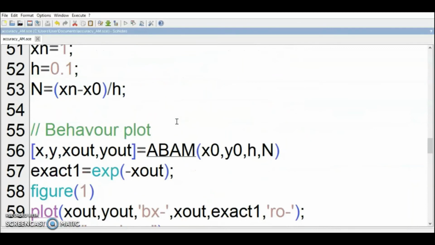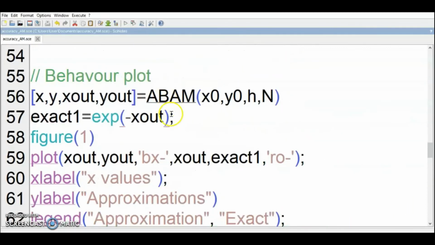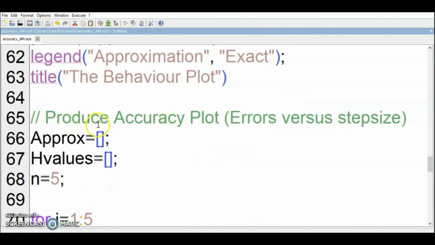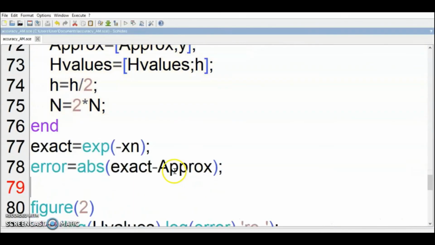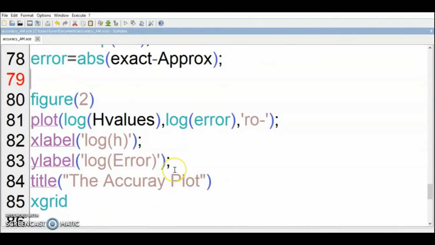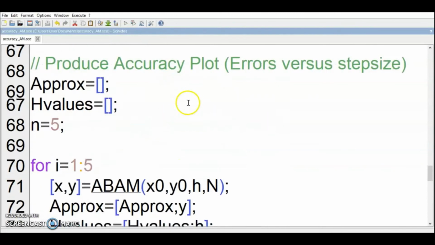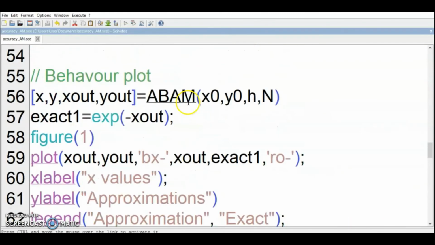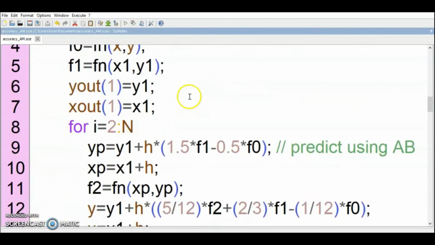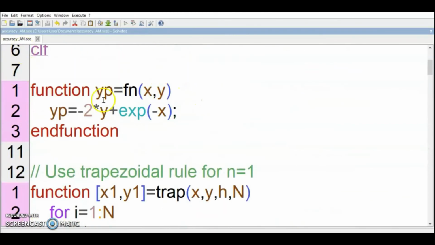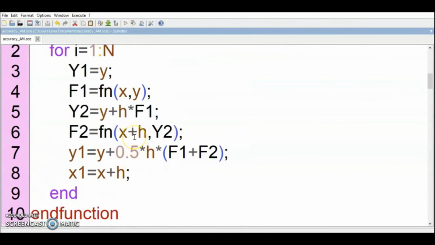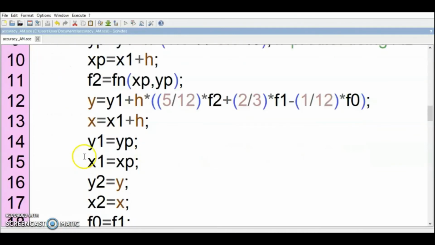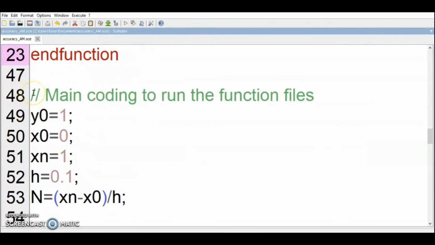So this is the code. We have a behavior plot and we have the accuracy plot given here. If you look at my coding here, obviously they are all in one file, right? If you want to tidy this up, you can give the function file in a separate file and just leave the main coding.